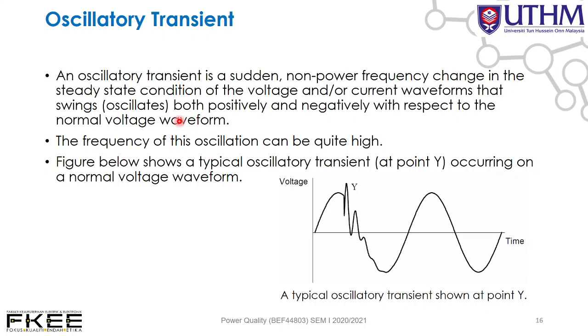It can oscillate at the positive side, or at the negative side with respect to the normal voltage waveform. The frequency of this oscillation can be quite high, of course higher than nominal. This figure shows a typical oscillatory transient, let's say at point Y, occurring on a normal voltage waveform.